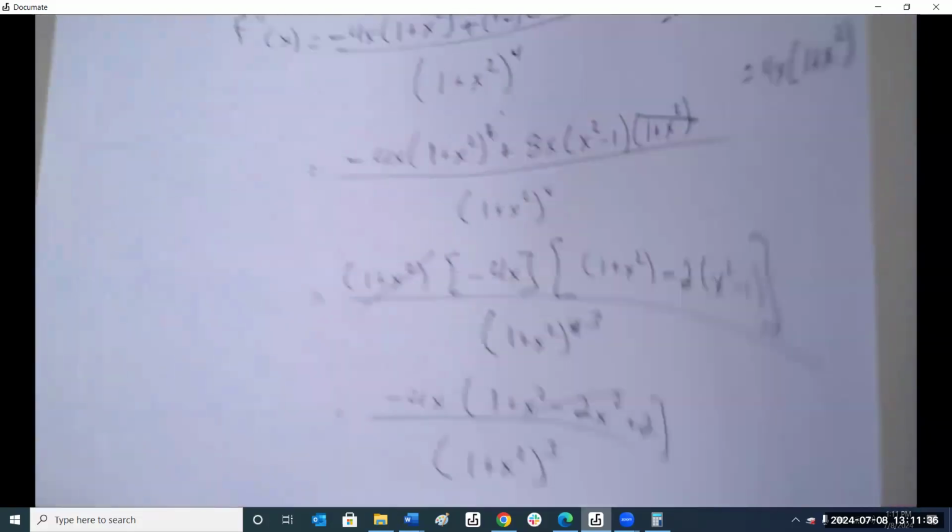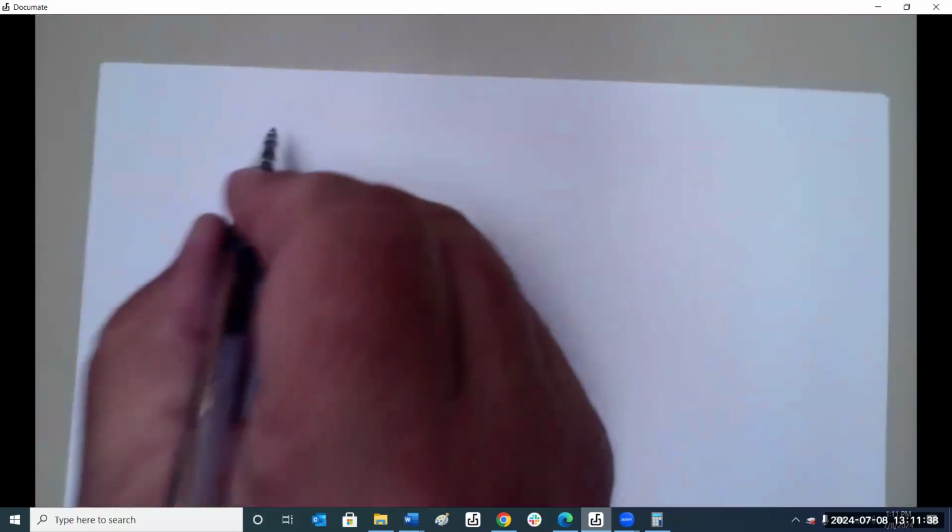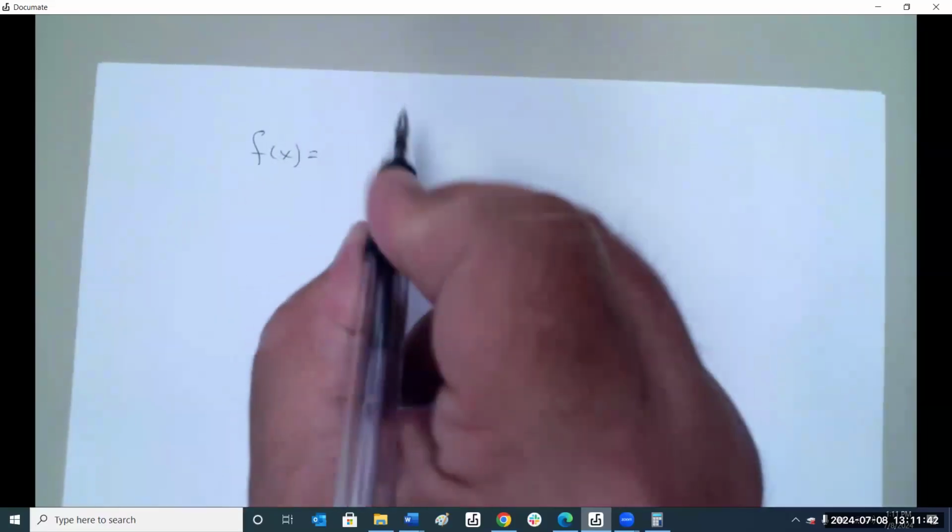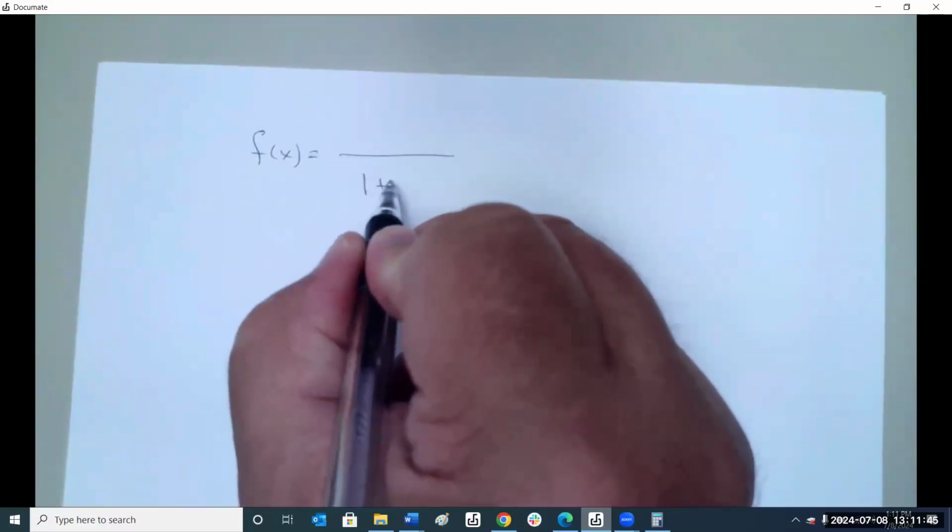So what do we know so far then? In this one, we know that f of x is equal to this function.